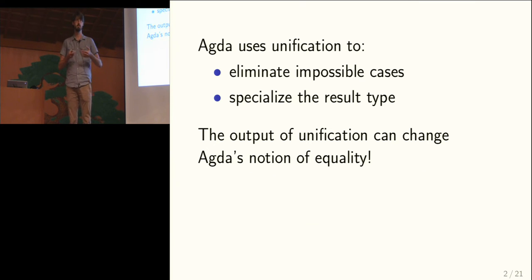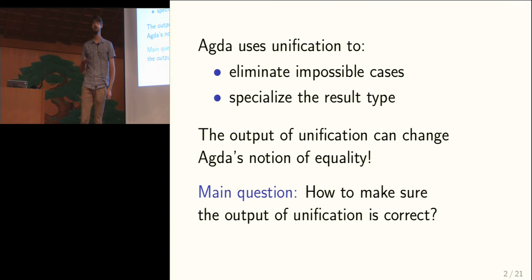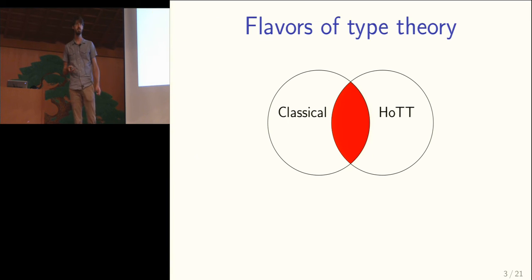So if there is a small error in the unification algorithm, then this can affect the whole theory of AGDA, possibly even making it inconsistent. So the main question I'm asking in this talk is how to make sure that the output of this unification algorithm is really correct.